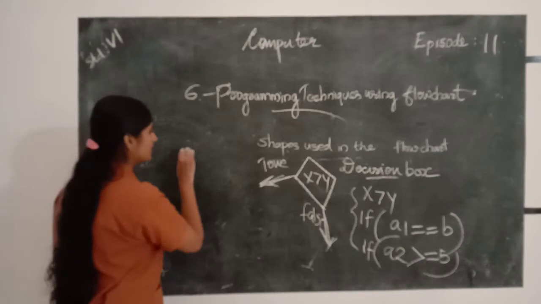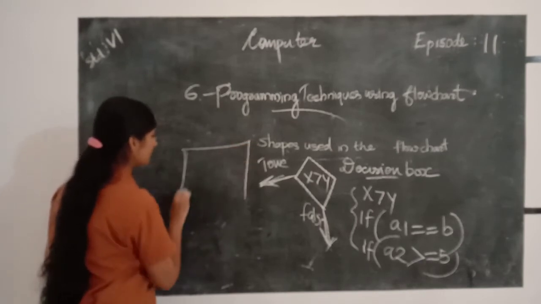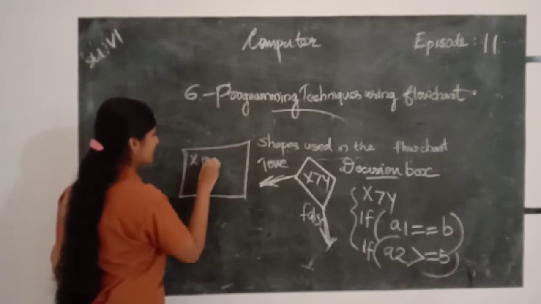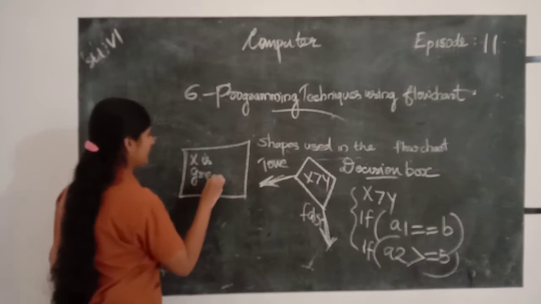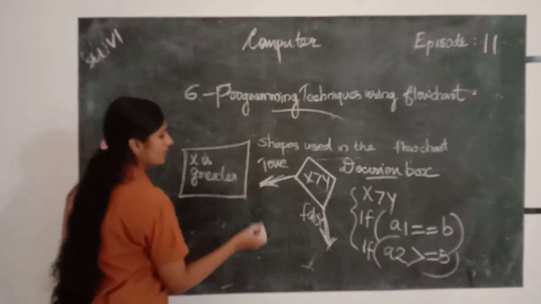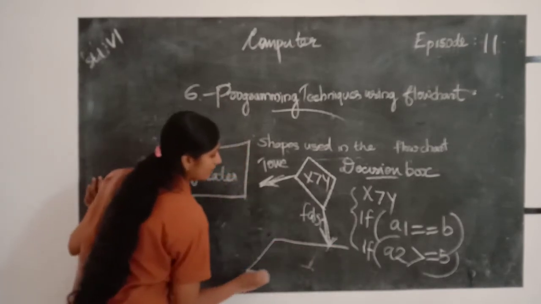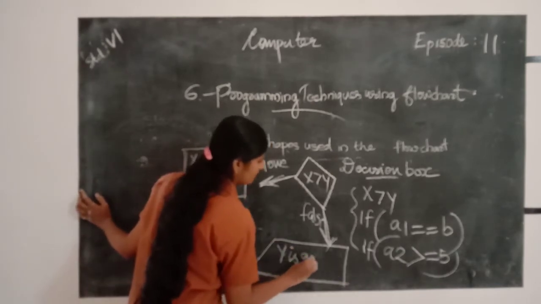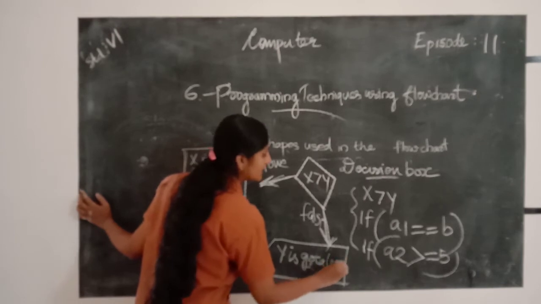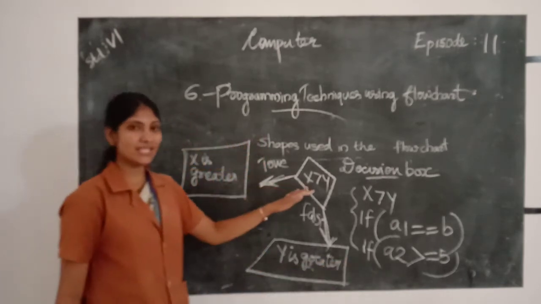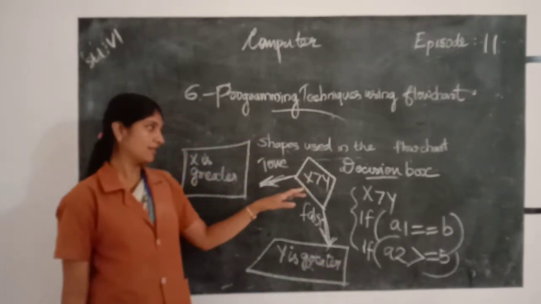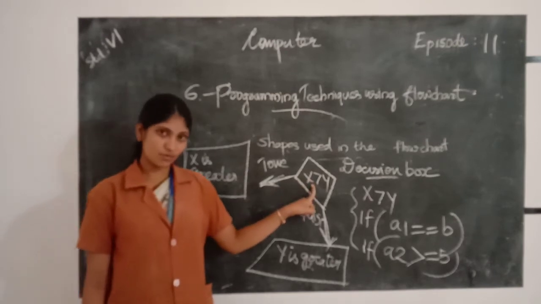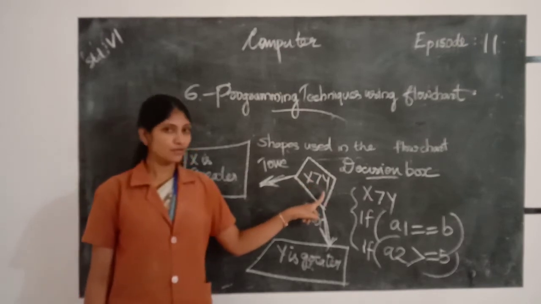For example, here the statement is x is greater, and here you can see that y is greater. So this is a decision box. Here we can decide a statement whether x is greater or not.